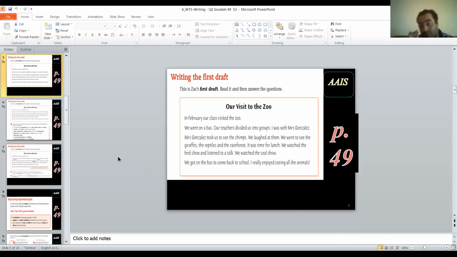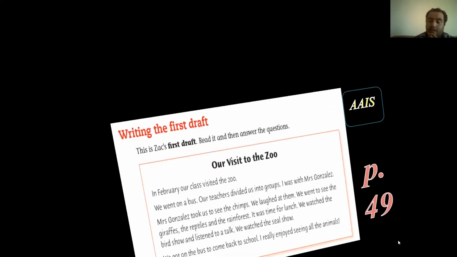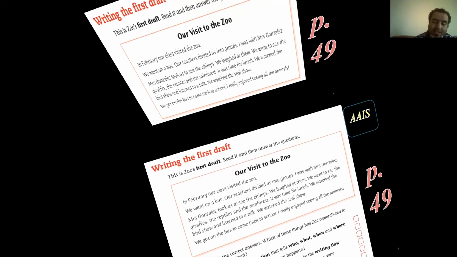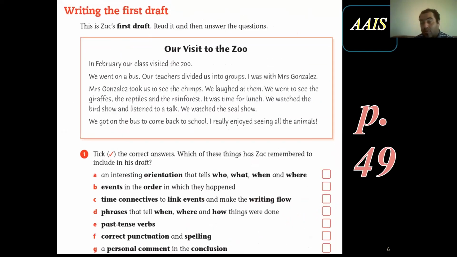They will ask you to tick here. So after reading this, they will ask you to tick what you have found in Zach's draft. If Zach used an interesting orientation, it's not only an orientation, it should be interesting.